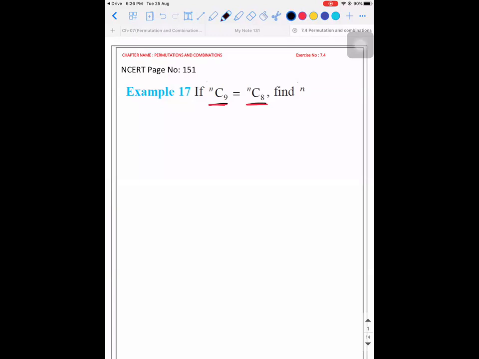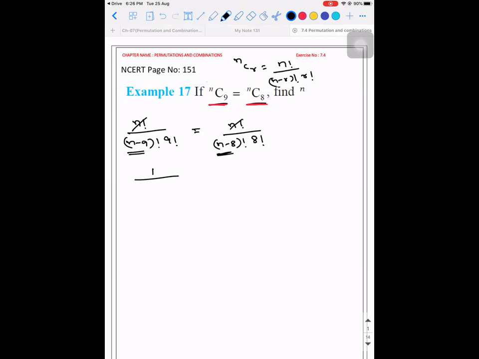As of now, remember nCr is equal to n factorial by (n minus r) factorial into r factorial. Have that in mind. So nC9 will be n factorial by (n minus 9) factorial into 9 factorial, is equal to n factorial by (n minus 8) factorial into 8 factorial. Is it clear till this step? So what will get cancelled? n factorial is gone. 1 divided by, out of (n minus 9) factorial and (n minus 8) factorial, which is bigger? n minus 8.